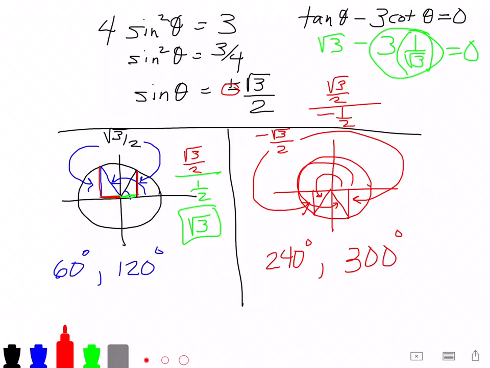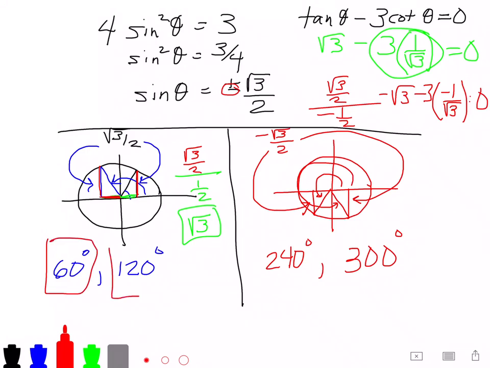Well, it still works because this then would become square root 3 negative minus a negative, and there's a 3 there, 1 over the square root of 3, and that does equal 0. So both of these work.